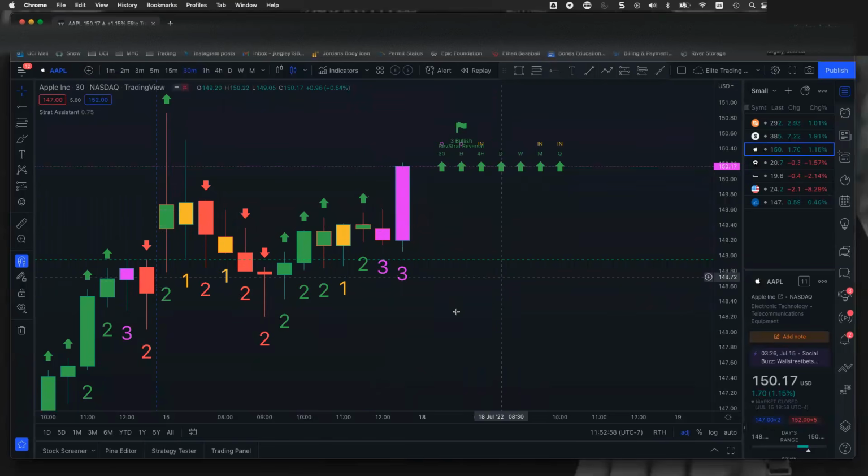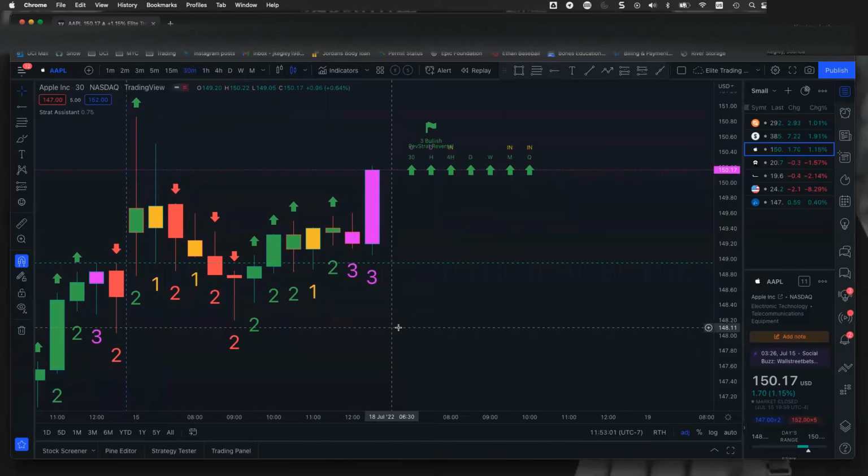One of the things the STRAT method talks about is multi-time frame continuity. Essentially what that means is looking at multiple time frames to help determine the probability of a move, either going long or short, and using the multiple time frames to bring it all together.